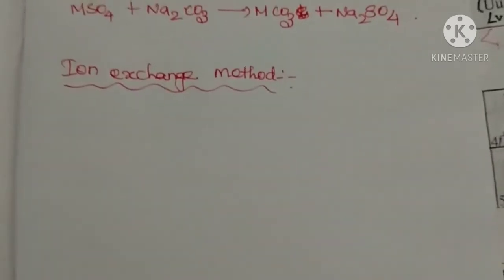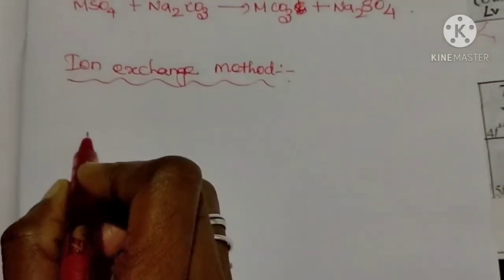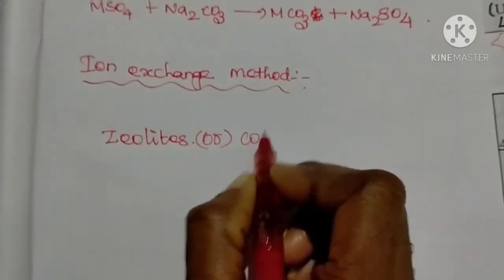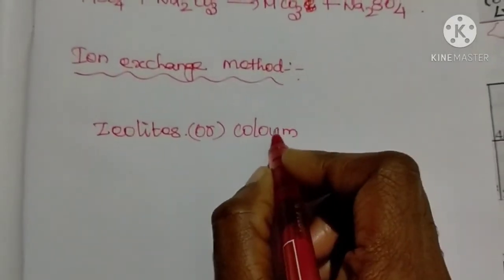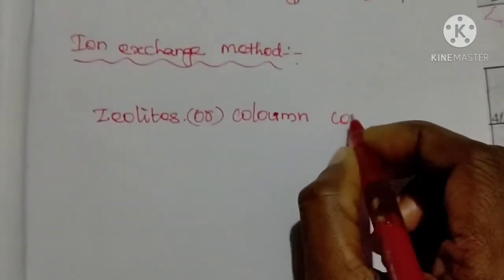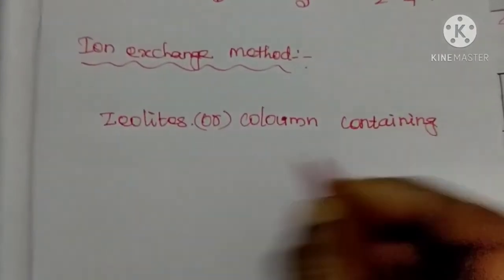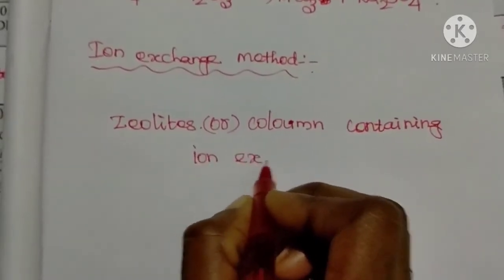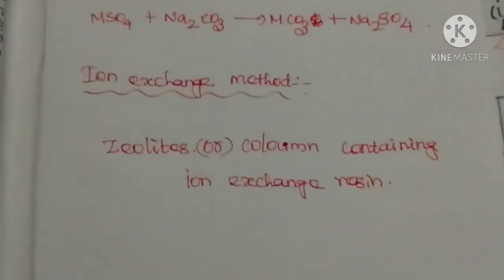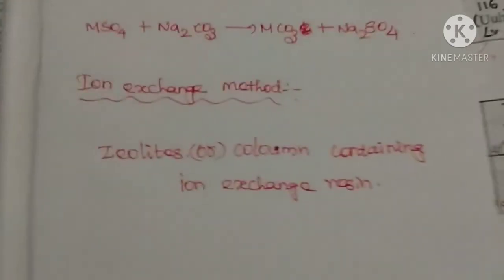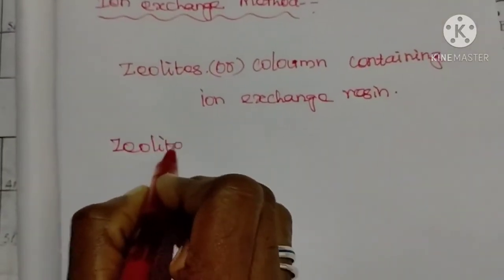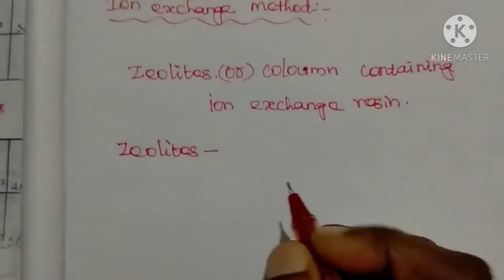In this method, we use ion exchanging, metal removing zeolites, using zeolite beds to remove the hardness, or a column containing ion exchange resin.